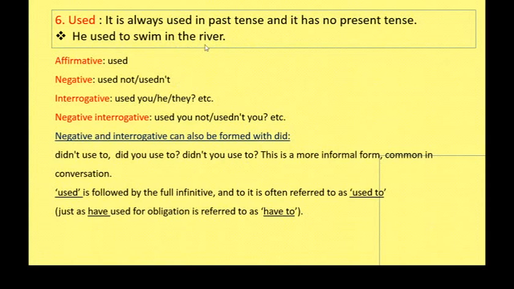And if we change the example sentence in this way, we can say he did not used to swim in the river, negative. And did he used to swim in the river, interrogative. Did he not used to swim in the river, negative interrogative. Or you can say didn't he used to swim in the river.